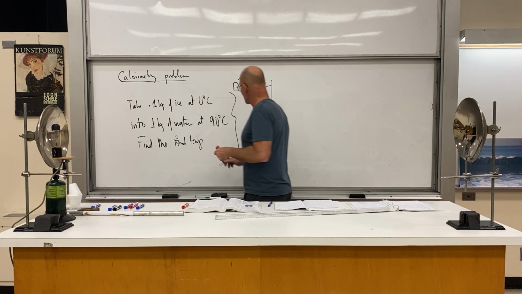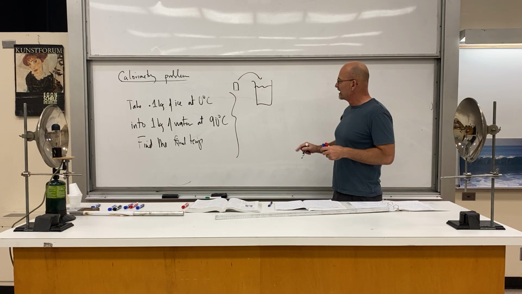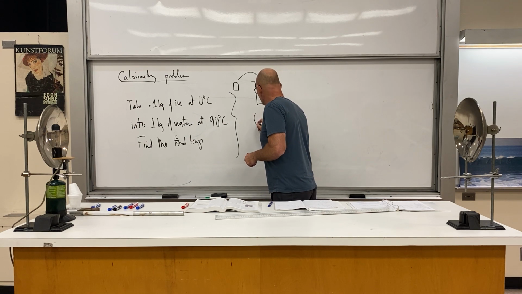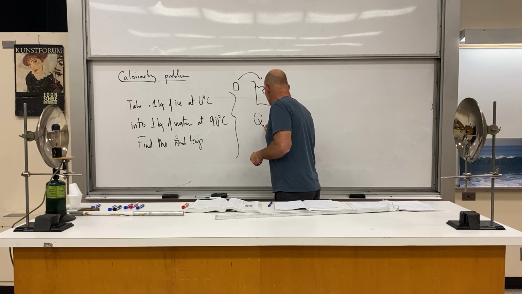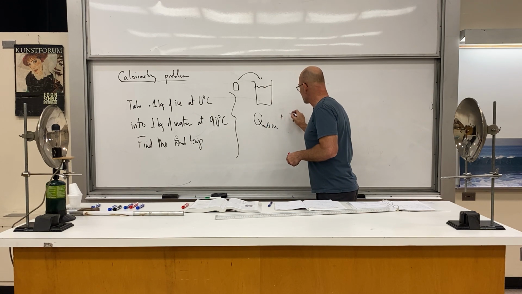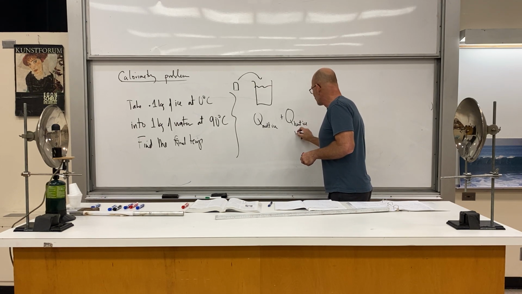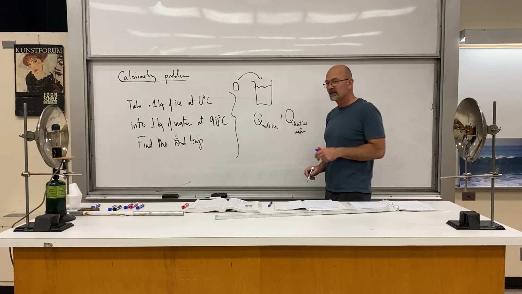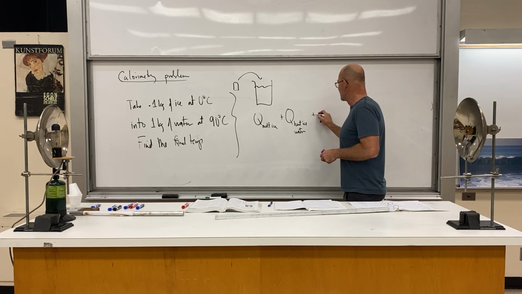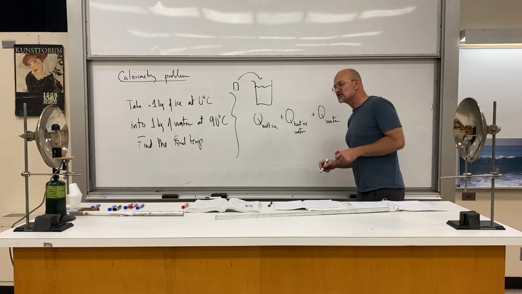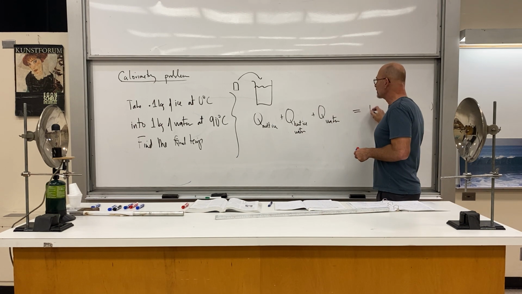Otherwise, you have to figure that out, which is an extra step. But let's just talk about the energies now. So we have the thermal energy to melt the ice, and we have the thermal energy to heat, I'm going to call it the ice water. And then we have thermal energy of the original water, and those all equal 0.